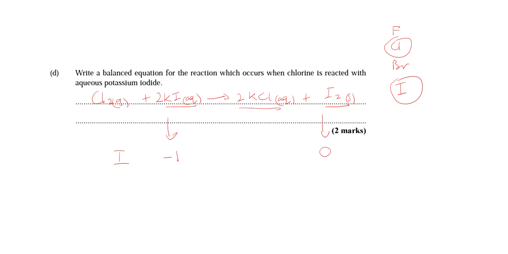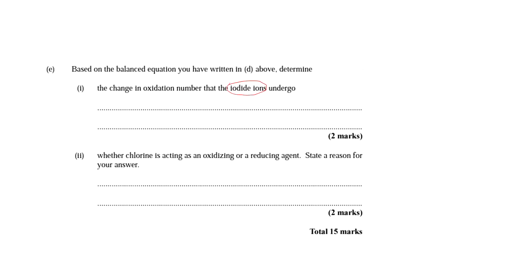So we're moving from -1 to 0. Based on the equation written, the iodine is going from -1 to 0, and now you have to determine whether chlorine is acting as an oxidizing agent or reducing agent.